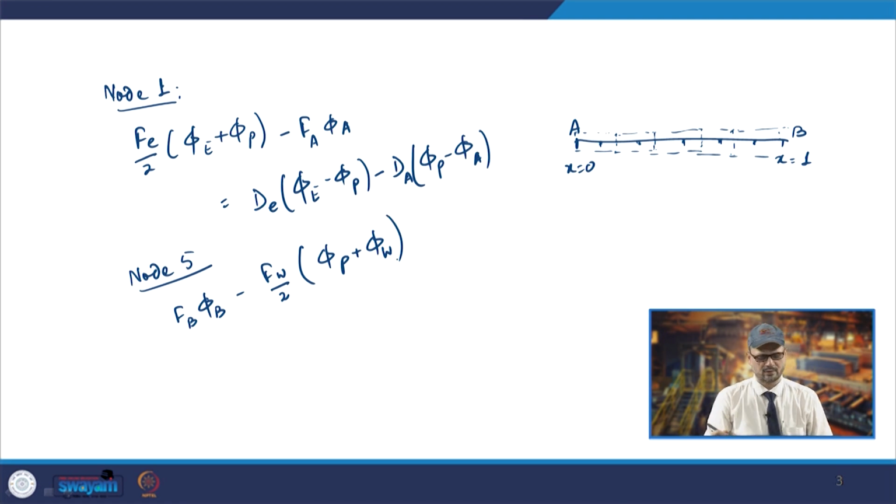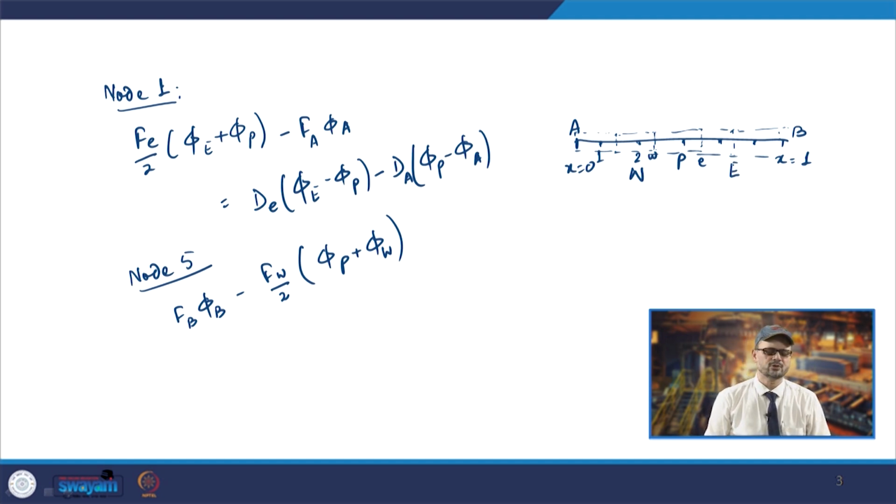Suppose this is 1, this is 2 and so on; this is the west face, this will be your P, this will be your east face, and this will be your east node.